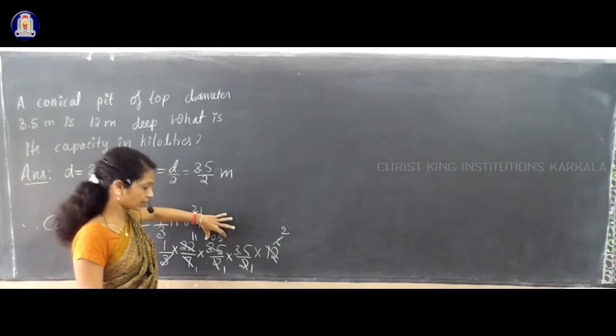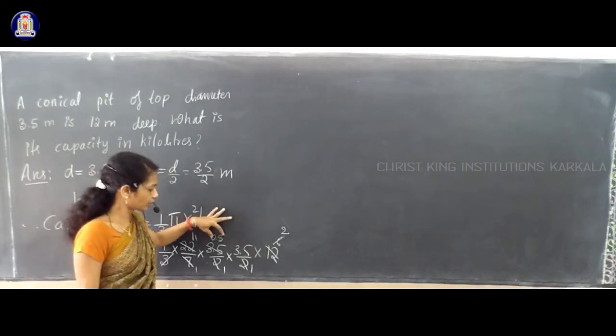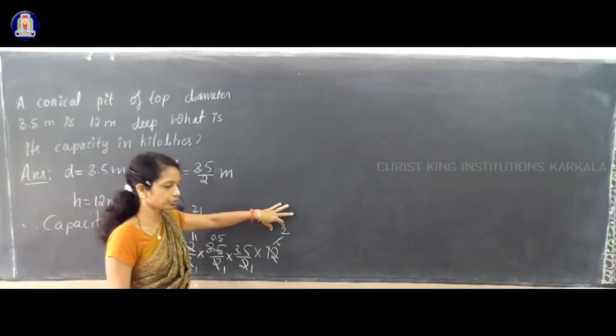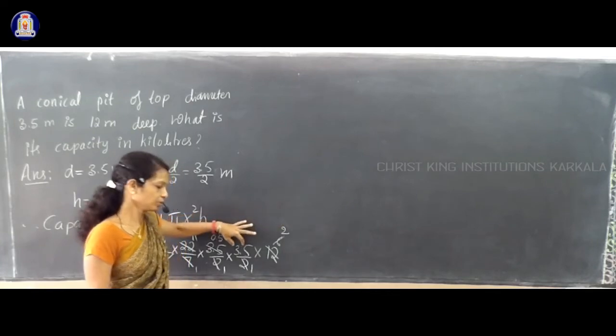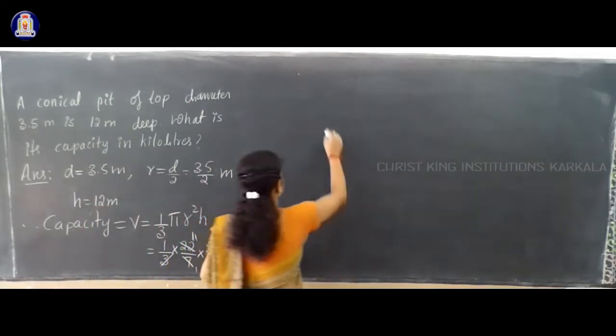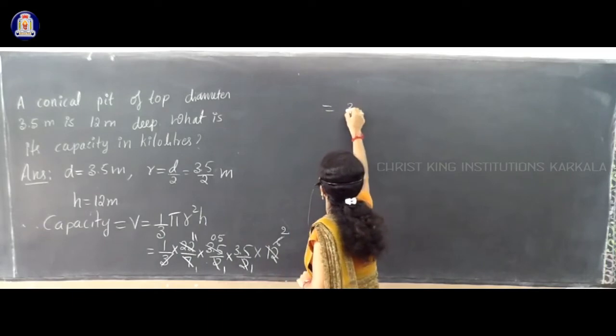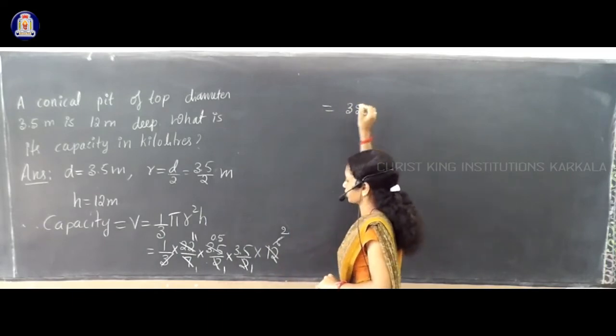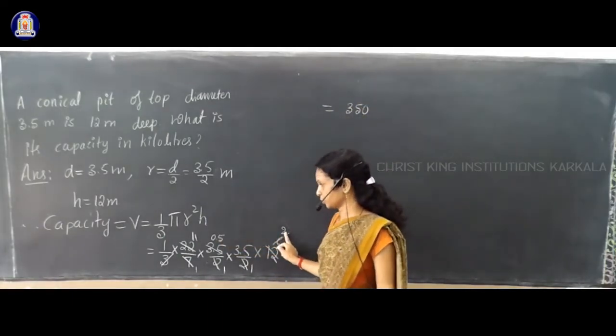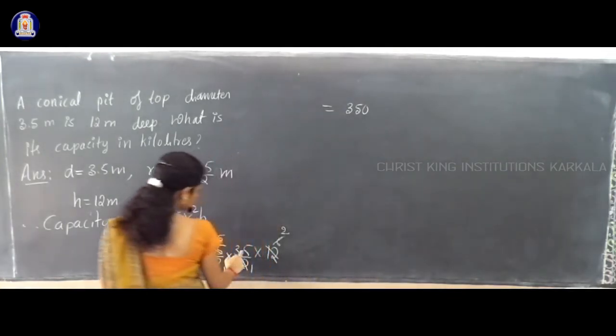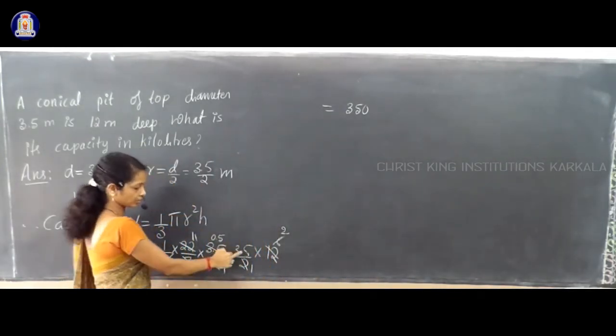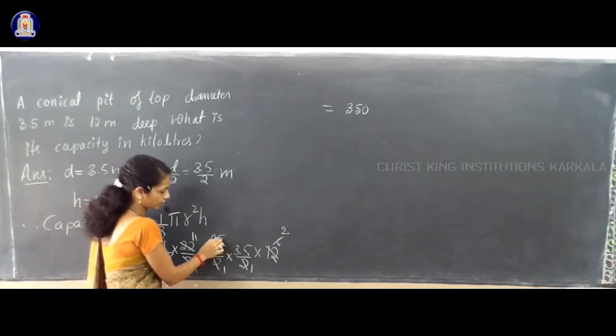See here 0.5, that is without decimal point, it is 5 into 2, that is 10, 10 into 35 without decimal point taken. 10 into 35 is 350.